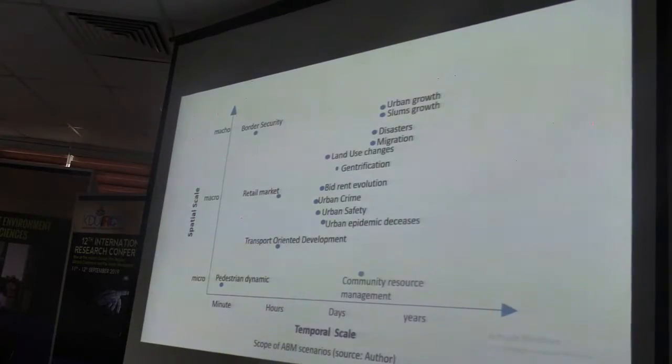The smallest application is pedestrian dynamics, dealing with the microenvironment and minutes, and it extends to urban growth modeling, dealing with the macro environment and years.